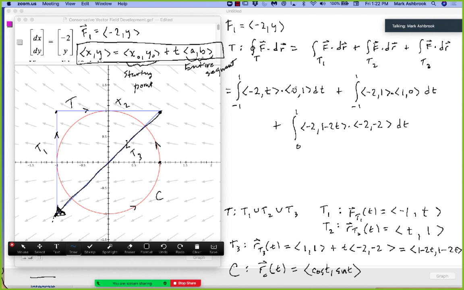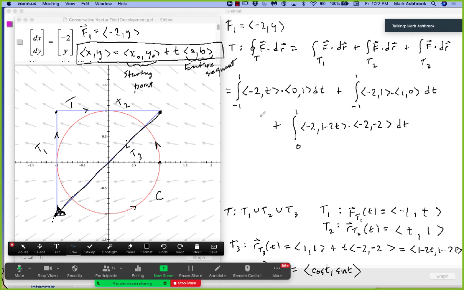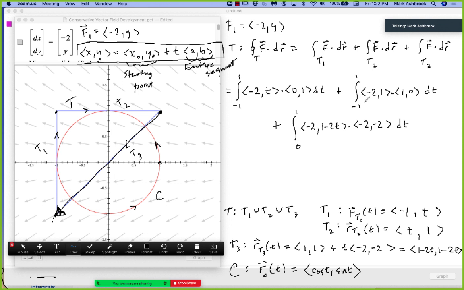All right, so because the first two integrals have the same bounds, I want to combine these and then leave this one separate, and then we'll let the software do the rest. So this will be from -1 to 1. Dot product here is t, right? Dot product here is -2, I think. Agree?